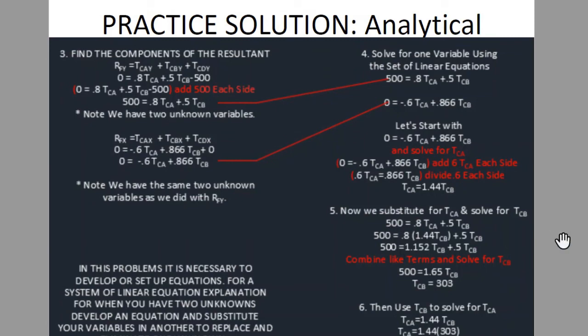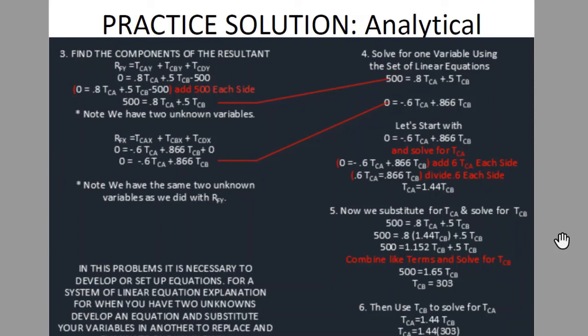Now we substitute for TCA and solve for TCB. To begin, we set up the equation. 500 is equal to 0.8 TCA plus 0.5 TCB. We substitute for TCA and we now have 500 is equal to 0.8 times 1.44 TCB plus 0.5 TCB.